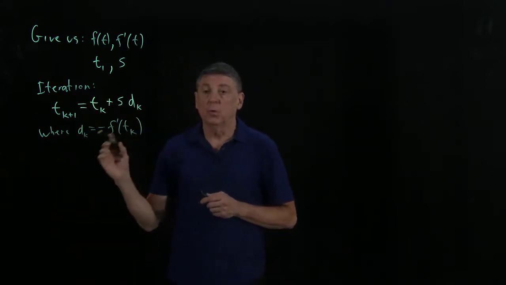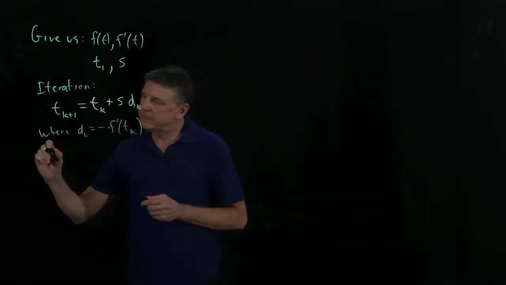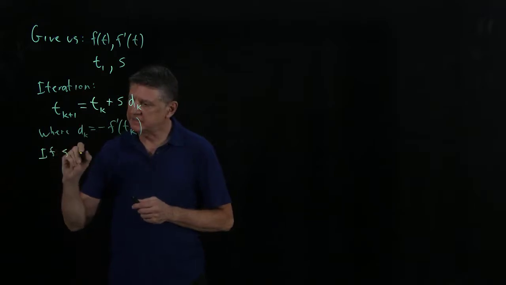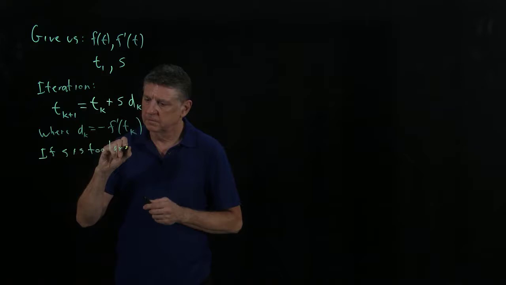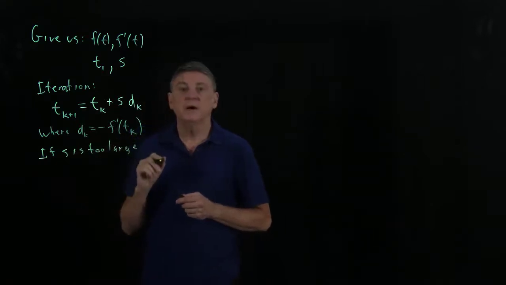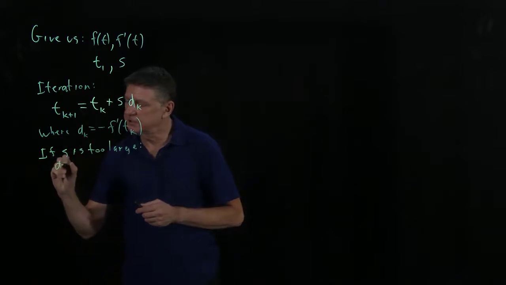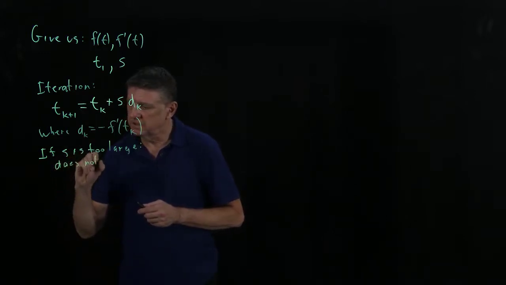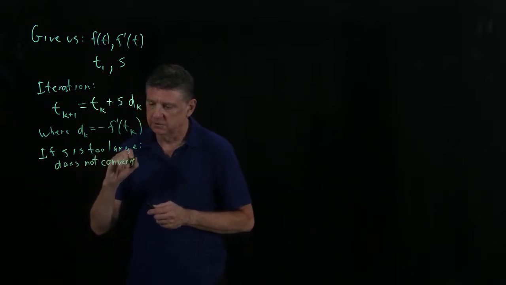And so what happens when a user gives us this? Well, we can foresee that if S is too large, we might miss the minimum completely. It may not converge. It's not necessarily that it does not converge, but it certainly may not converge.